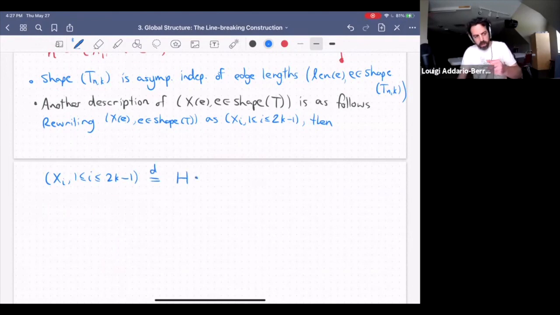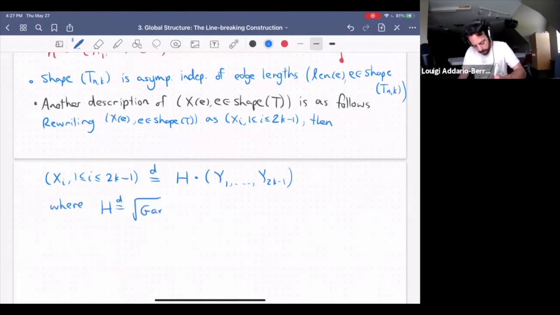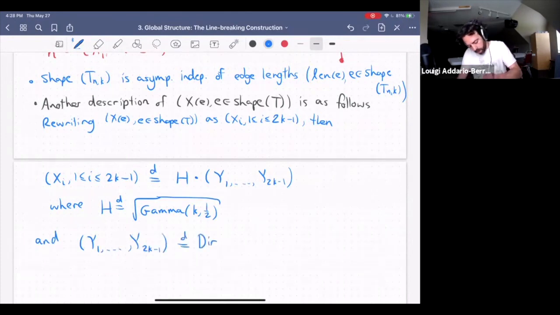This is distributed as some value h times y_1 up to y_{2k-1}, where h is distributed as the square root of a Gamma(k/2), and the vector of y's is a Dirichlet random vector, and is independent of h.